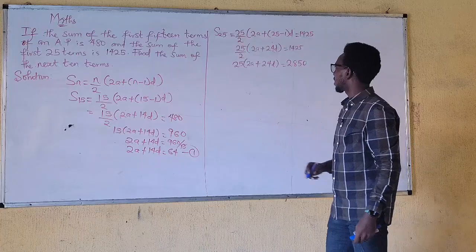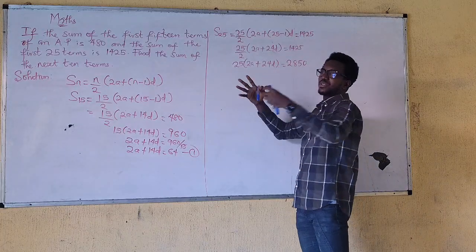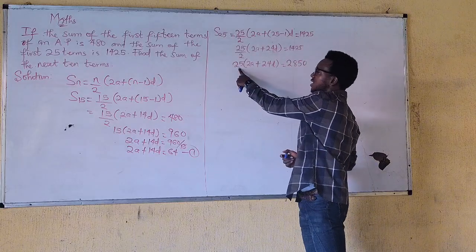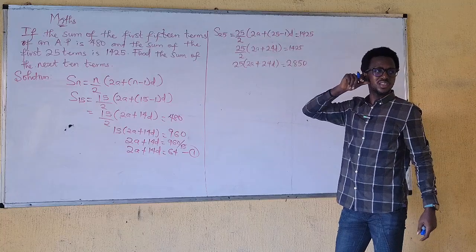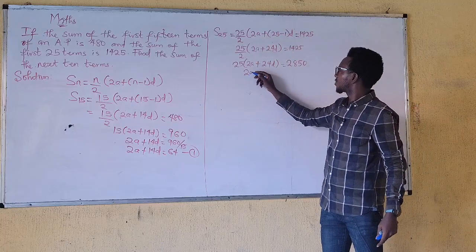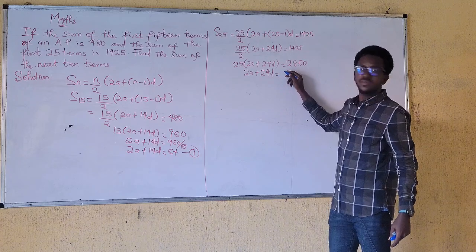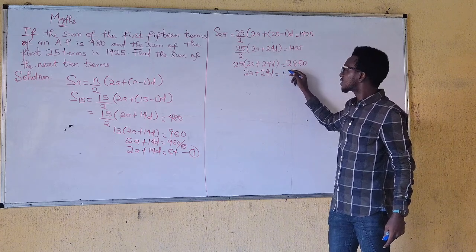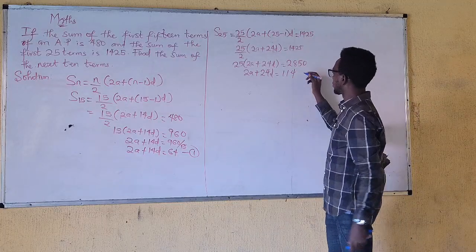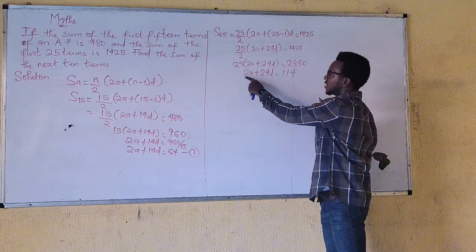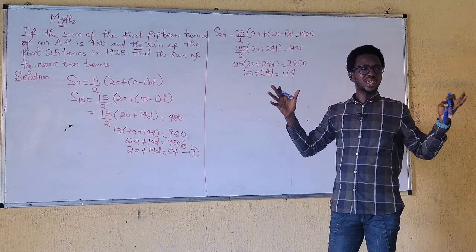All right. So from here, we also want to stop this bracket from being too complicated. So we want to divide both sides by 25. So we have 2a plus 24d equals 114. Before we start solving it, 2 is common to everything. So we don't want to work with a big simultaneous equation.